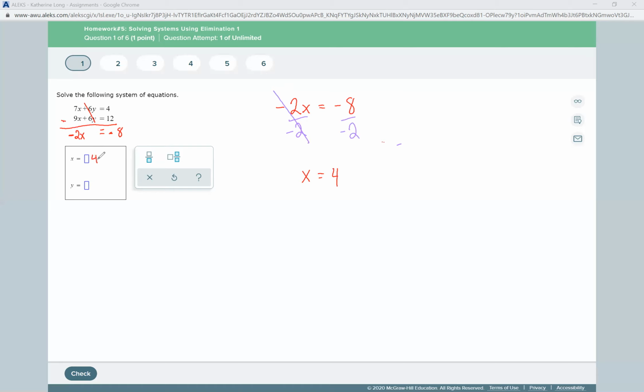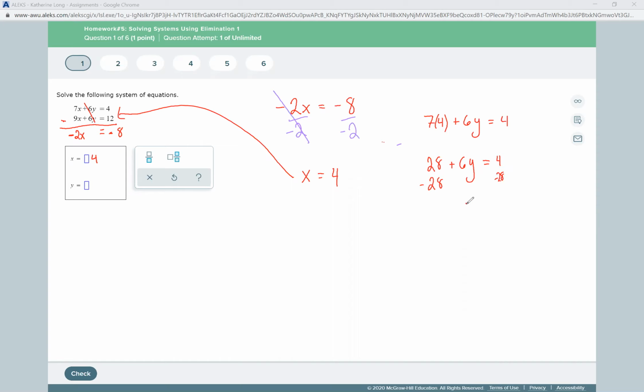How do you find the other part? All you have to do is plug it back in to either one of those equations up top. And it doesn't matter which one. I'll pick the top one. You pick the bottom one, that's fine too. All right, I'm going to erase that. And I'm going to have 7 times 4. So that's 28 plus 6y equals 4. I'll subtract 28 from both sides.